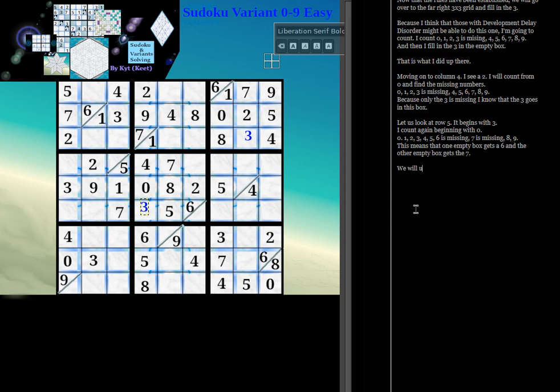We will use crosshatching to figure this out. Look at column 8. Do you see a 7 or a 6? Yes, I see a 7.